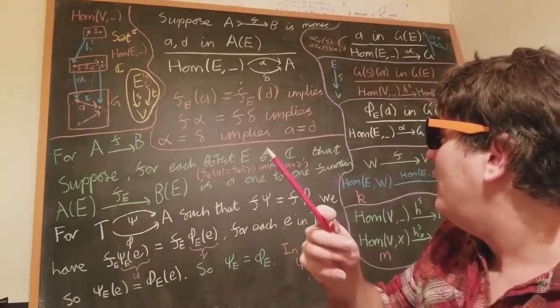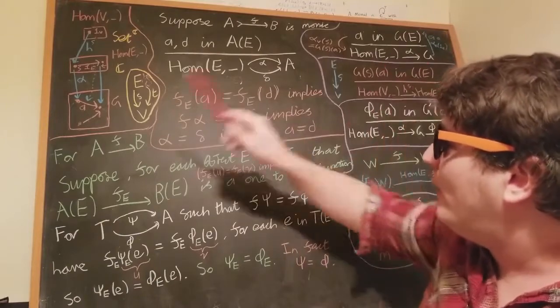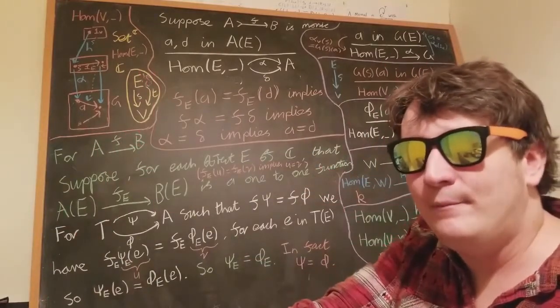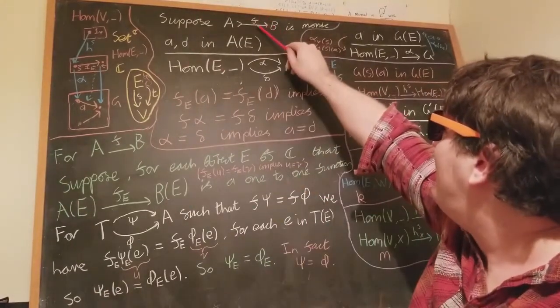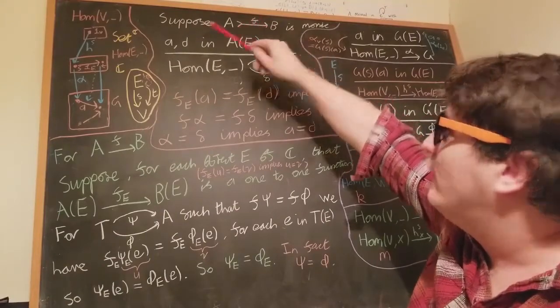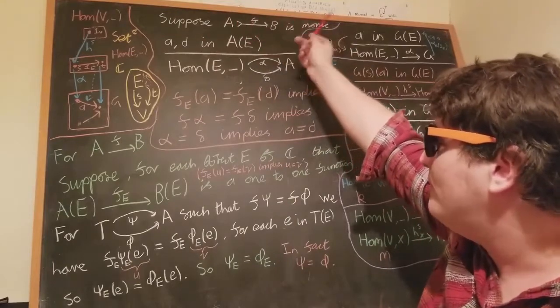Okay, so let's be a bit more precise about this. Let's consider an arrow f from A to B. Now, there are two claims that I am saying are equivalent. One of them is that f is a monomorphism, or otherwise stated, f is monic. Okay, this means f is a monomorphism.